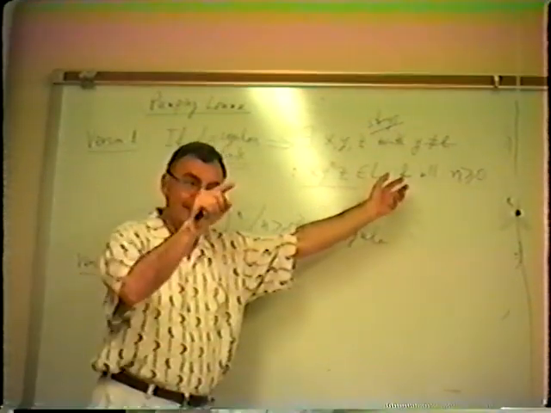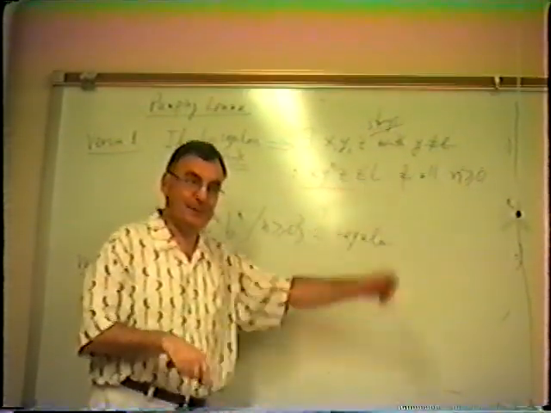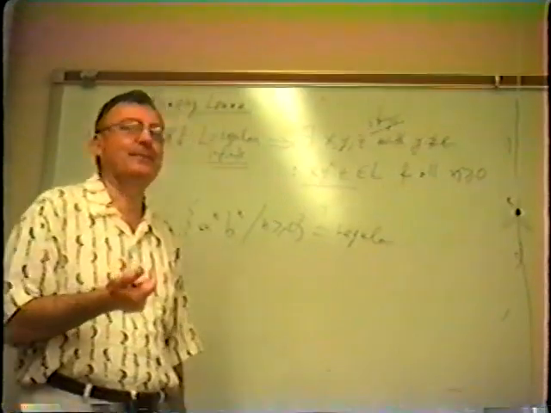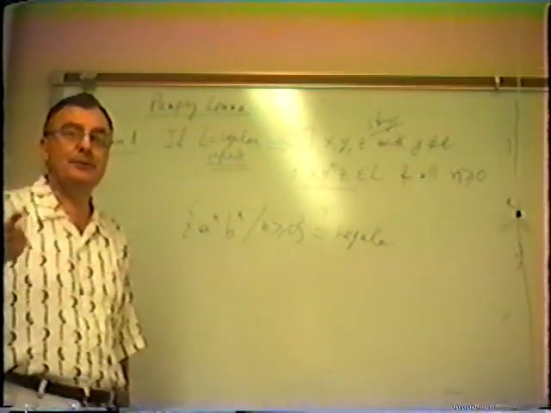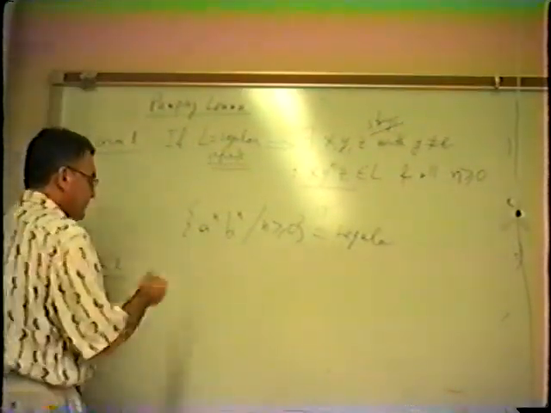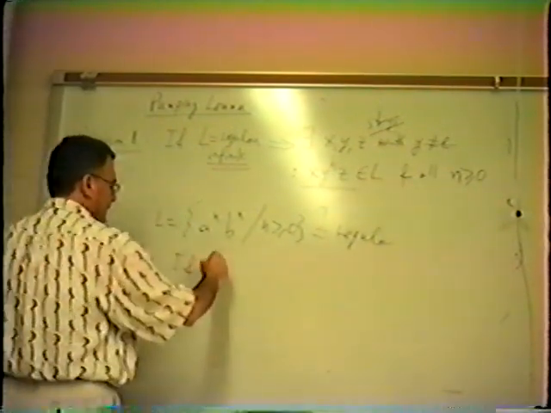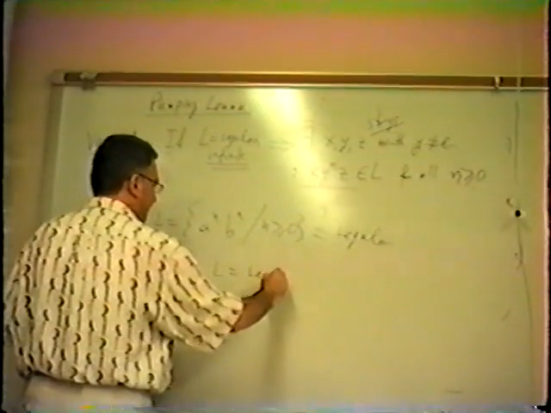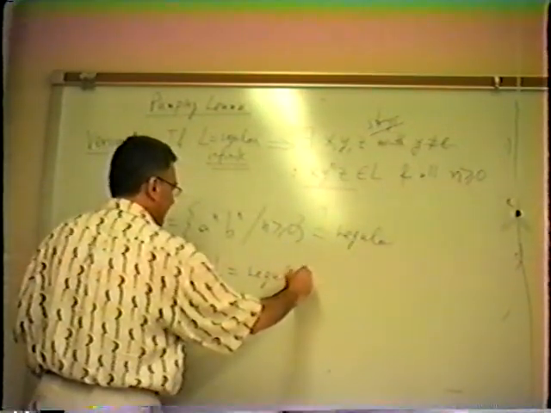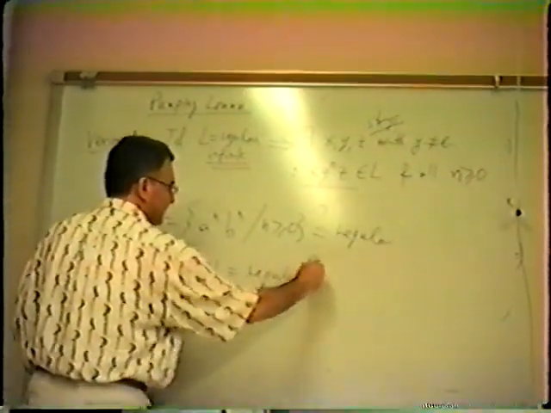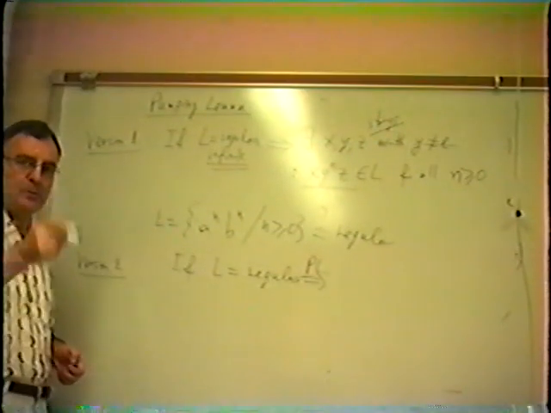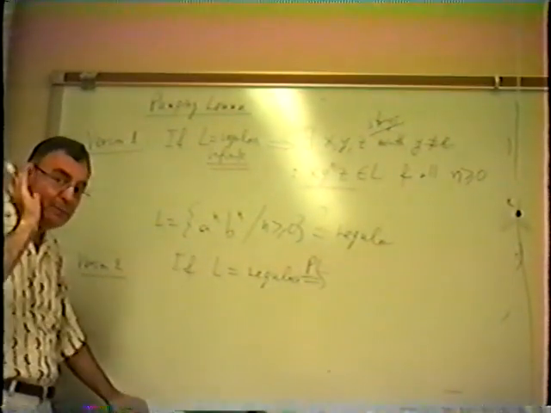Then sit down and check out all the cases and prove that you cannot find such strings. That contradicts the theorem. So in this case, you say, let's say this is L. If L was regular, then by the pumping lemma, you could find an x, y, and z with y non-empty. That's important.